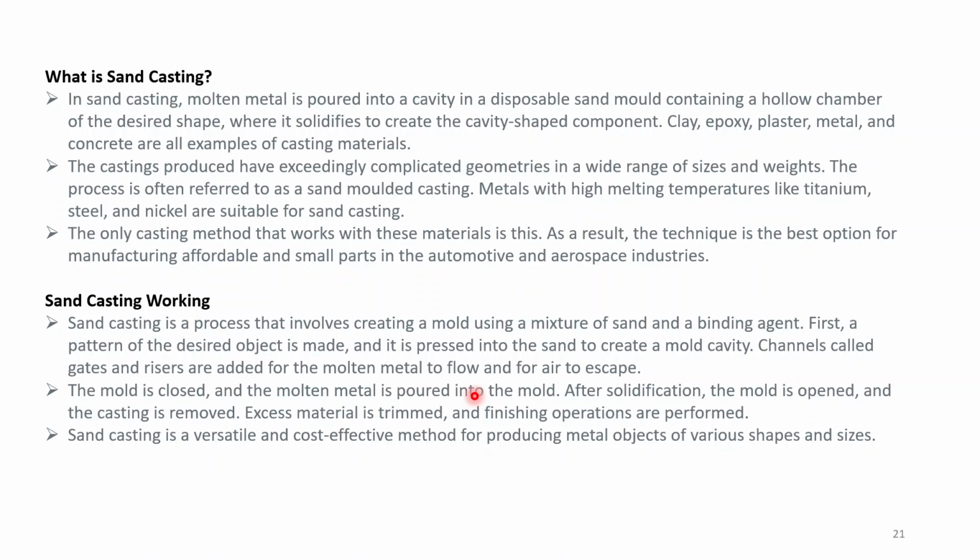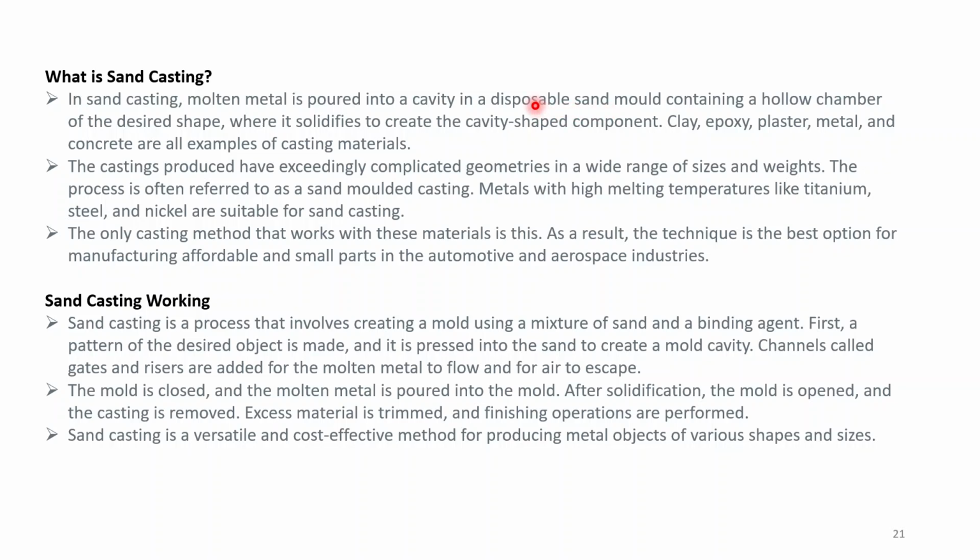Next, what is sand casting? In sand casting, the molten metal is poured into a cavity in a disposable sand mold. Sand molds are disposable compared to, for example, graphite dies or metal dies that you use for solidification.